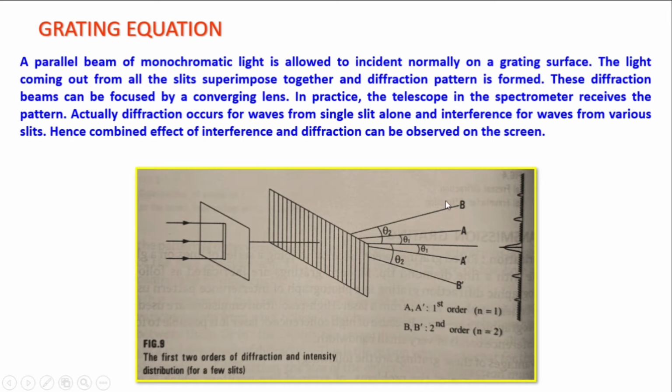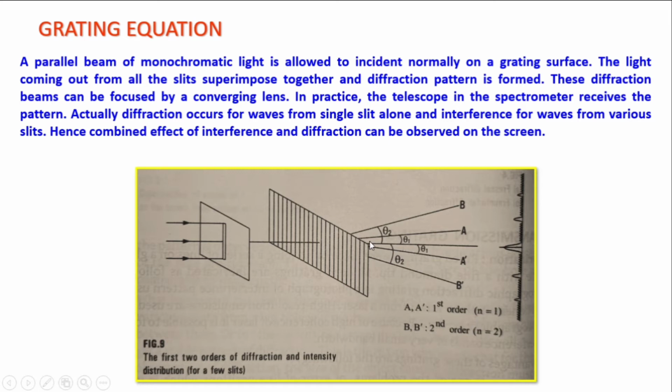That is, here A and A dash belong to n is equal to 1, first order principal maxima, and B and B dash belong to the second order diffraction pattern, n is equal to 2, called the second order principal maxima. The central maxima is also called n is equal to 0, zeroth order principal maxima.